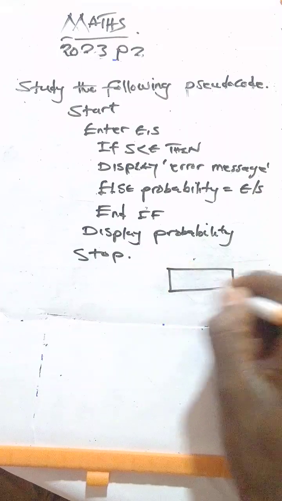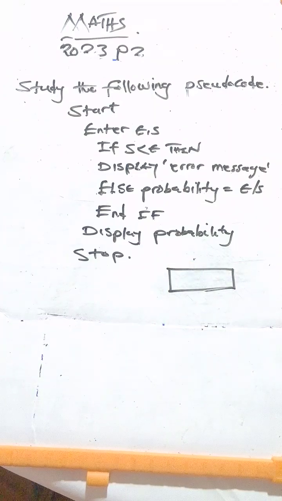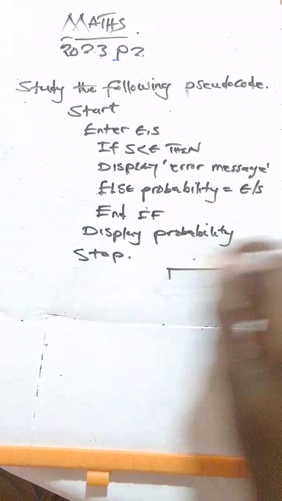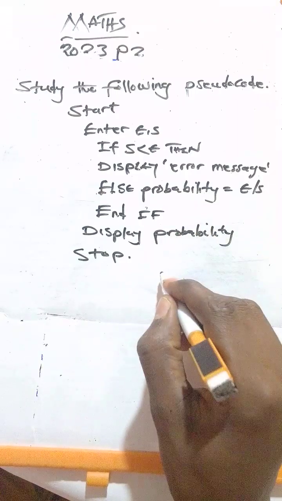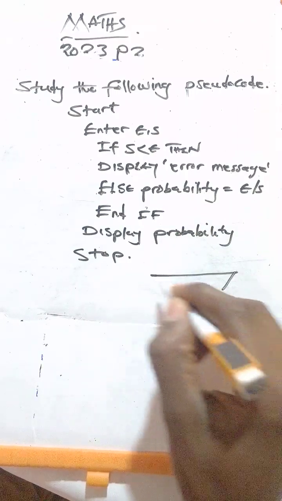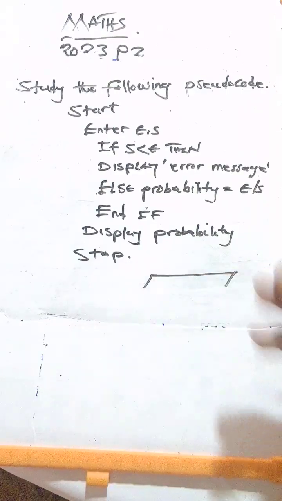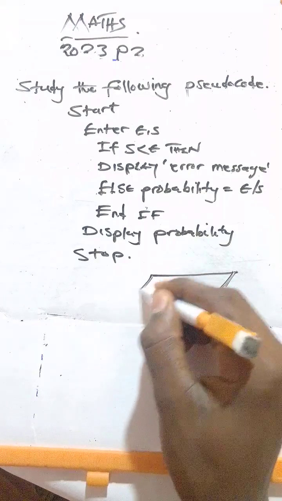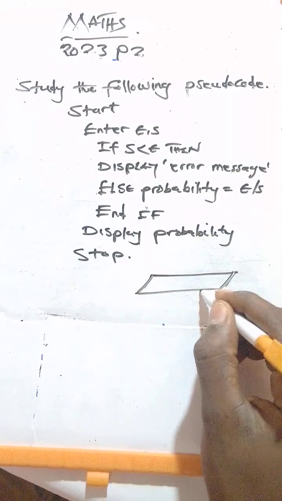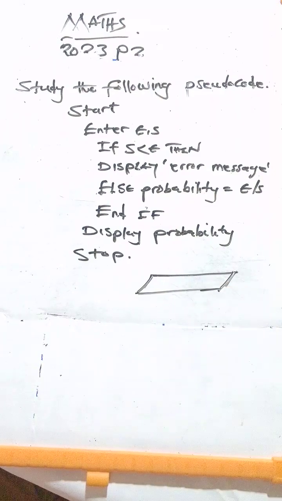A rectangle is an action box where a formula or the calculations are performed. Then we also have a parallelogram, which looks like this. Don't confuse it with a triangle. It's different. This one has the slanted sides. We use it for display, then enter. That is how we normally use it.